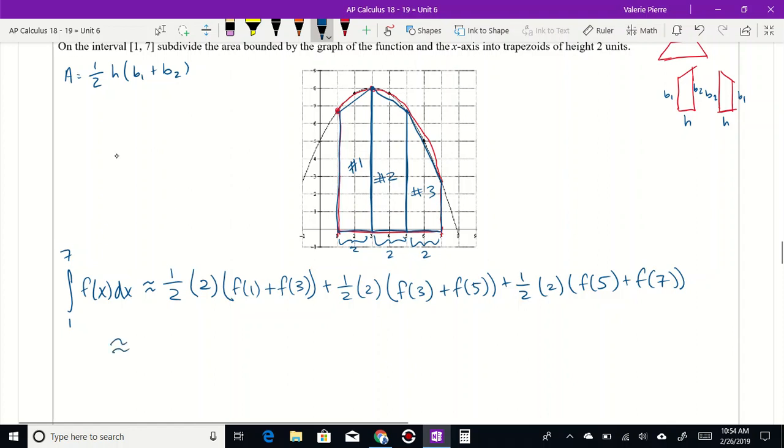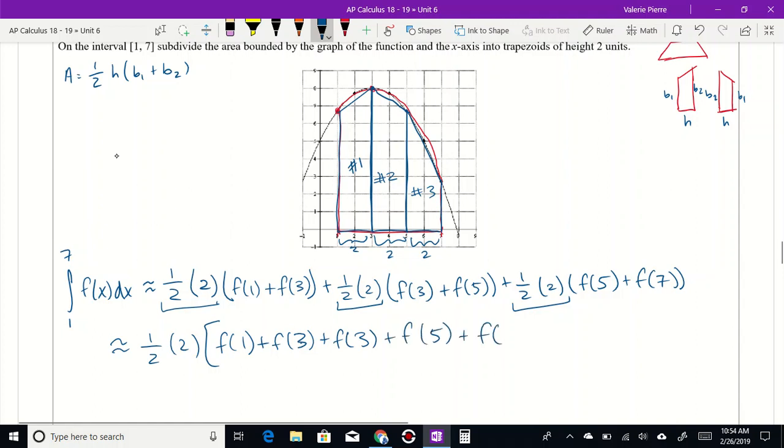We can simplify this a bit because we're looking at 1/2 times 2 every single time. We can pull that out. So 1/2 times 2 of f of 1 plus f of 3, plus f of 3 plus f of 5 plus f of 5 plus f of 7.